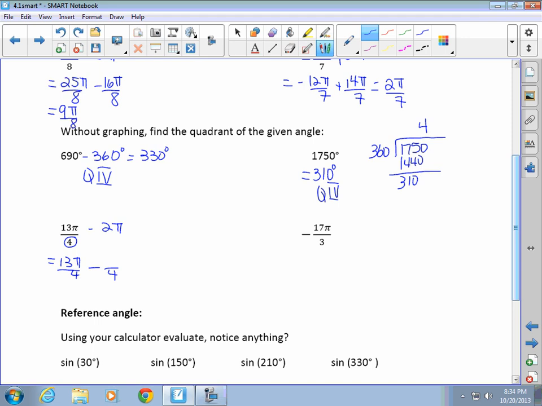So 2 pi to have a denominator of 4 means I multiply by 4, so that's 8 pi. 13 pi minus 8 pi leaves me with 5 pi over 4, which is between 0 and 2 pi, so I know it's positive, it's okay. 5 pi over 4 puts me just over that pi. So this was 0, this was pi, so that means it's just going to be just past that into quadrant 3.